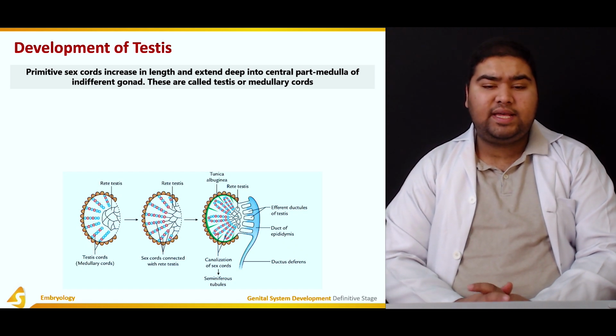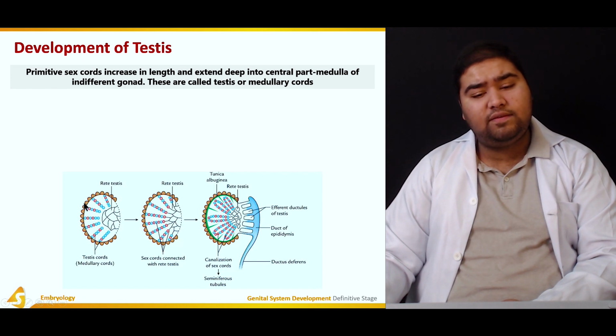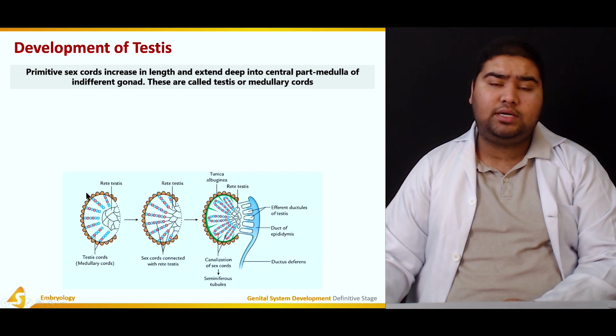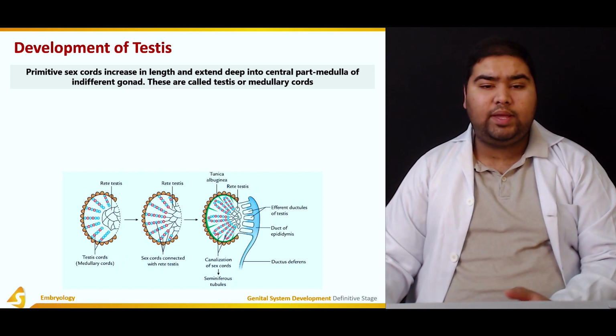So the primitive sex cords, these were the primitive sex cords in pink. These are the primitive sex cords which are actually formed by the proliferation of the surface ectoderm, the surface ectoderm being the coelomic ectoderm or the coelomic epithelium.